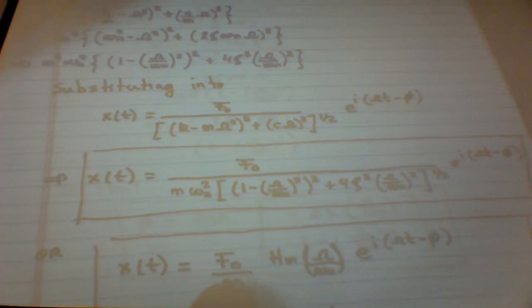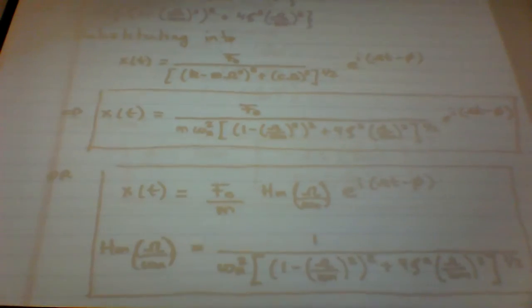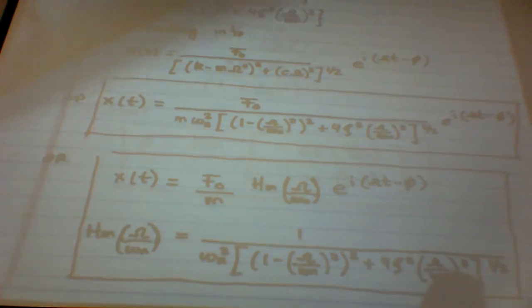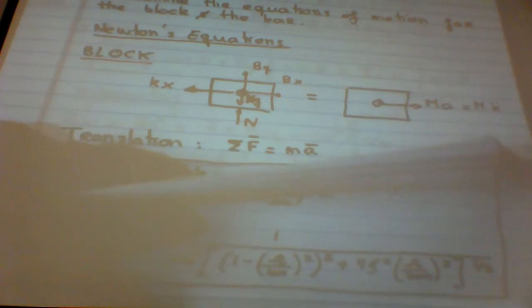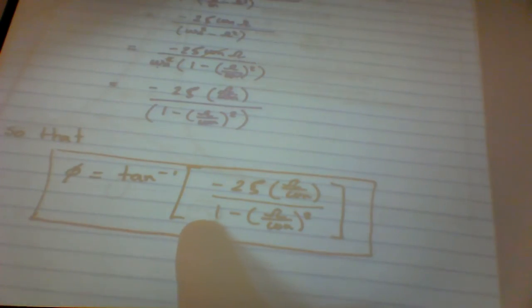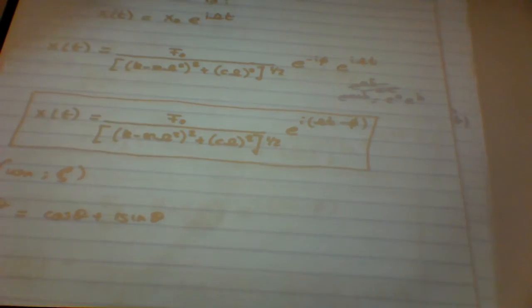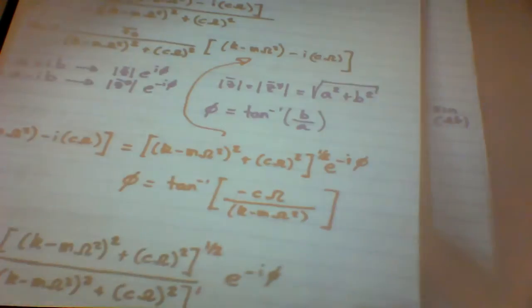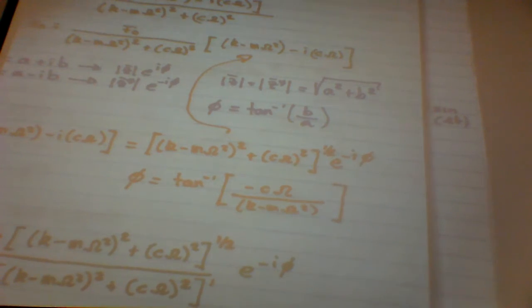It is x of t equal to F naught over m, H of m, e to the i omega t minus phi, and phi is the phase, with all these expressions over here. So that's basically what we're doing now. And this is phi after we do more transformation. So that was page 30, about 35 to 39 on the class notes.